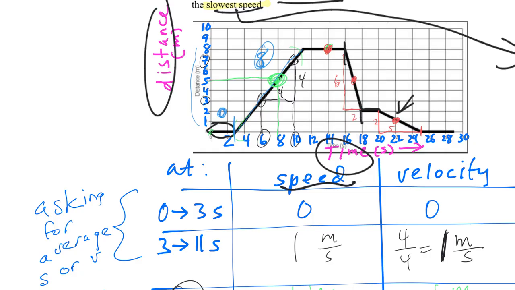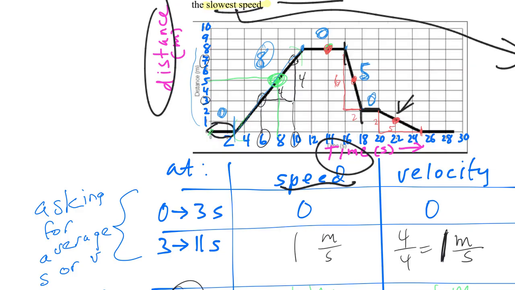And from 11 to 16 seconds, I did 0 meters because I didn't go anywhere, I was stopped. Then from 16 to 18 seconds, I went 8 to 3, so I went 5 meters.